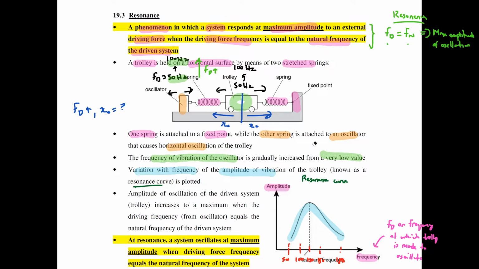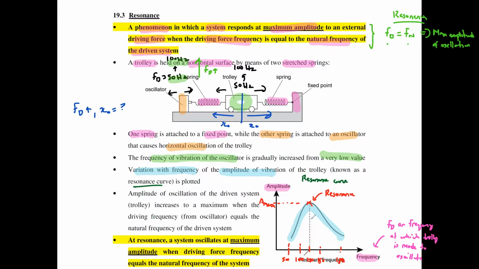At one particular frequency, your amplitude of oscillation will reach a maximum. We can call this A max, the maximum amplitude of oscillation. There is one point on your resonance curve where your amplitude is maximum. This is where we say that your system is achieving resonance.